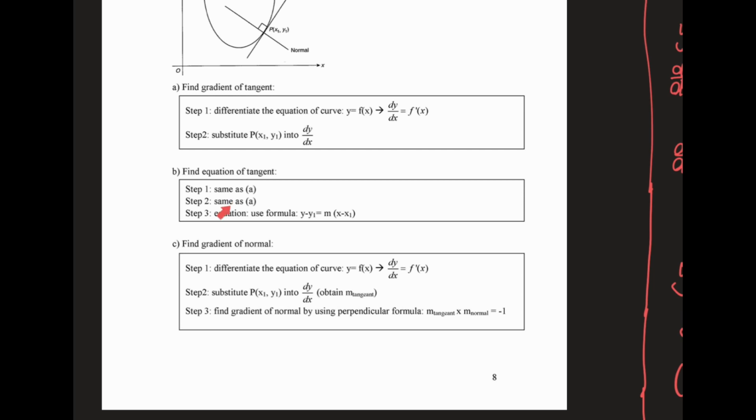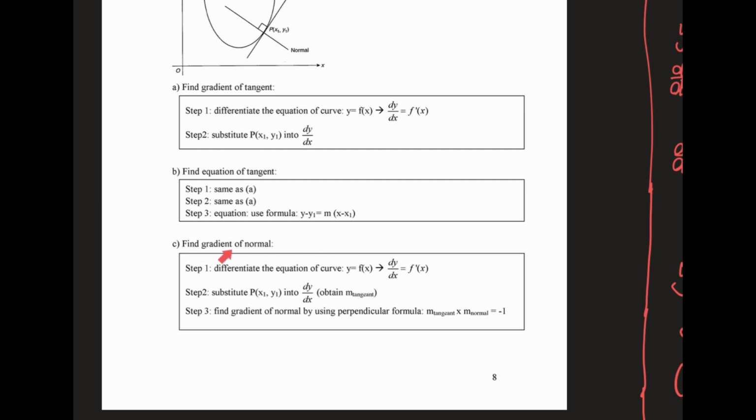Second step, substitute the point given into the dy/dx. Third step, use the straight line formula, y minus y1 equal to m, x minus x1, where y1 is the y coordinate of point P, m is the gradient of tangent from step 2, and x1 is the x coordinate of point P. So you will get the equation of tangent, which is a straight line.